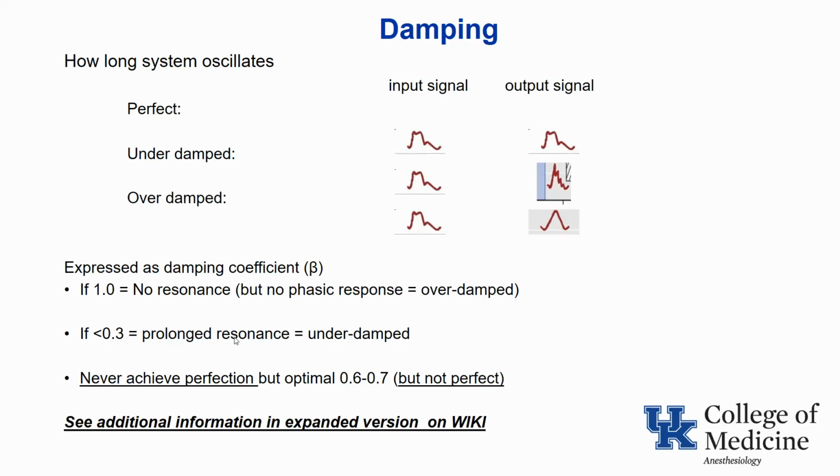There are various ways of expressing dampening, but it's typically expressed as the damping coefficient. If it's 1, it's unresponsive. If it's less than 0.3, there's prolonged resonance. You can never achieve perfect, but the optimal is somewhere between about 0.6 and 0.7. Again, this is more thoroughly discussed in the expanded version, and this should say Canvas.